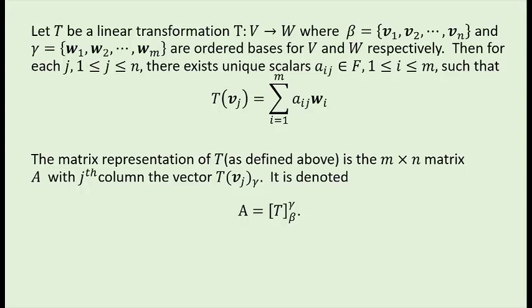So now let T be a linear transformation from V to W, where V is dimension n, and you see beta there as its ordered basis.